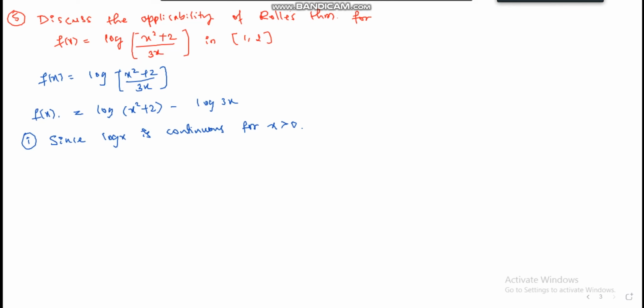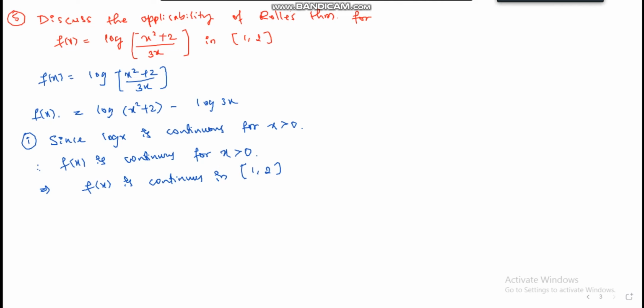Therefore f(x) is continuous in the given closed interval [1, 2], since these values are greater than 0.